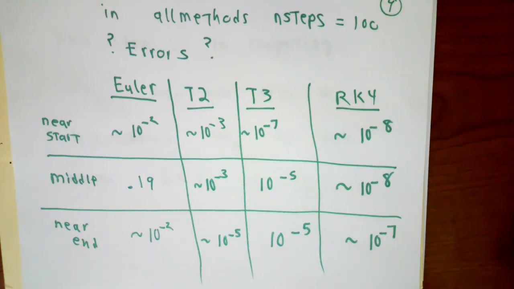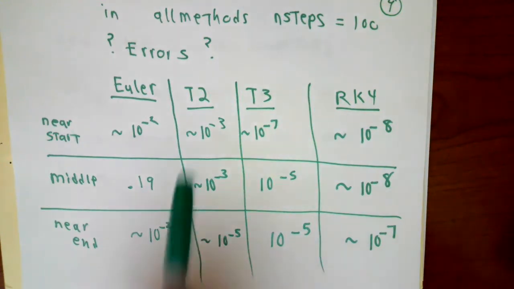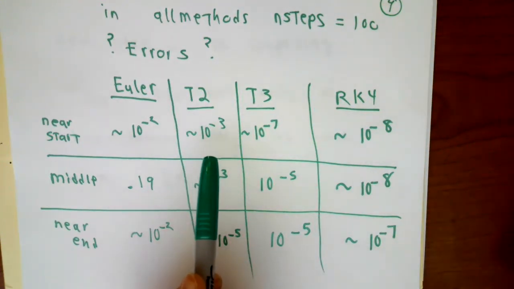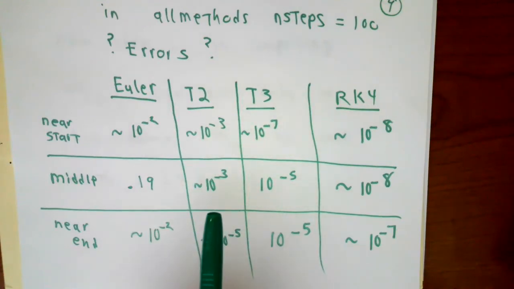If we do Taylor of order 2, things are improved. The error early on is 10 to the minus 3. Near the middle, it's still about 10 to the negative 3. And it actually gets better at the end, being roughly 10 to the negative 5 towards the end of the calculation as t is getting close to 6.